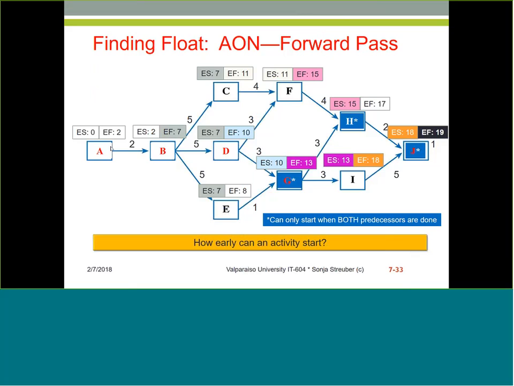So how can we determine which tasks could potentially be late, or where we have a little bit of wiggle room? This is where we start with our calculations to find float. Float is the wiggle room between tasks in your network and the critical path. Note that any task on the critical path, for us here A, B, D, G, I, and J, always has a float of 0, because they determine the length of the project. There is no float, there is no wiggle room, they have to be completed on time.